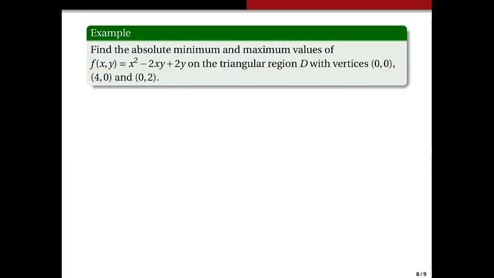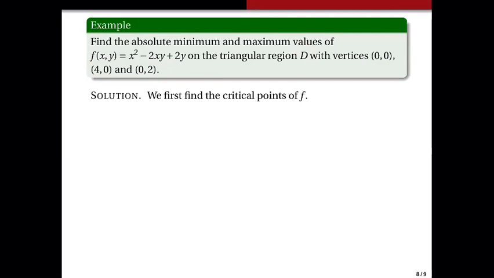So we will have a closed and bounded domain. Here, we first find the critical points. We get the first partial derivatives, equate them to 0, and then check if the solutions are inside the triangle.